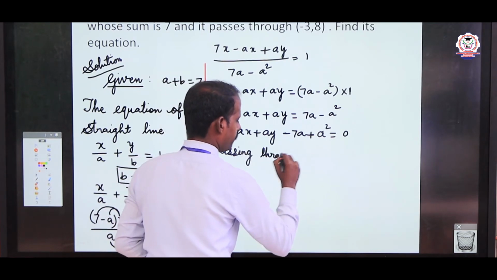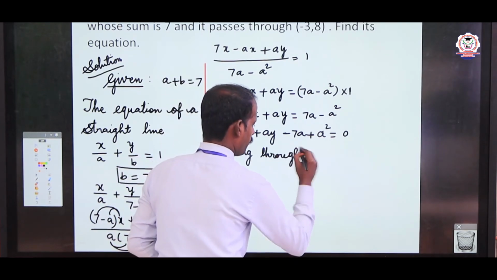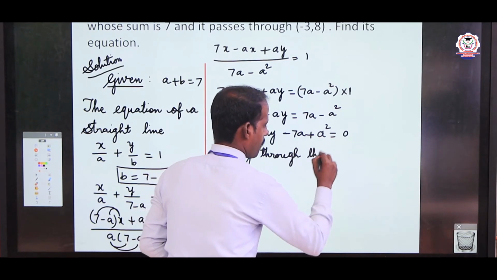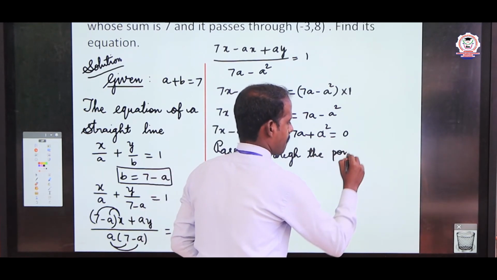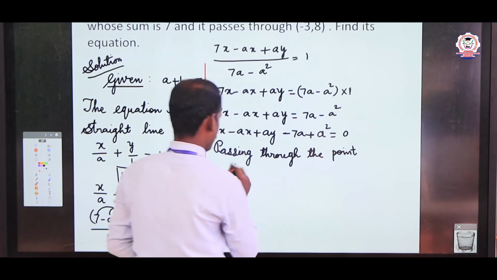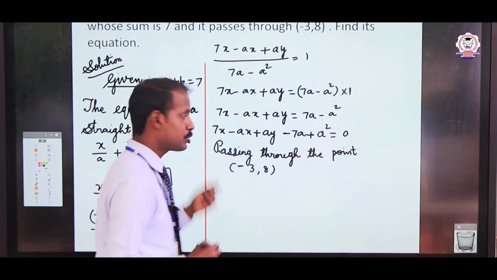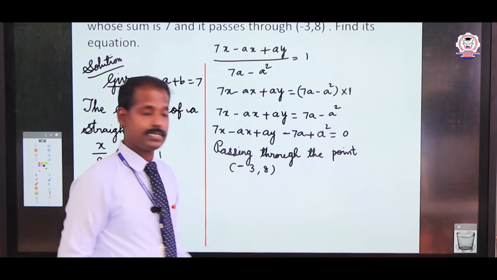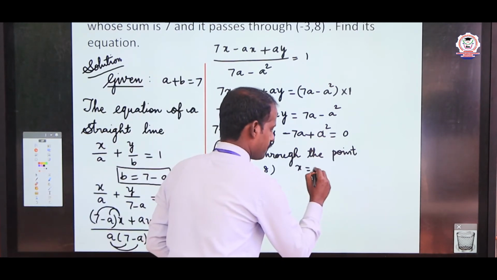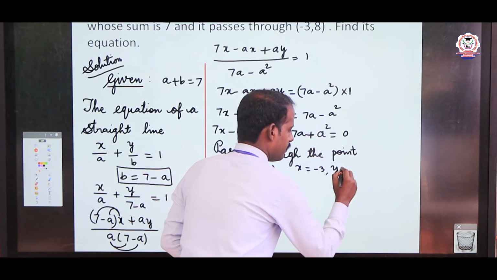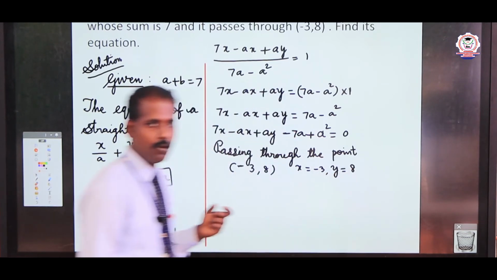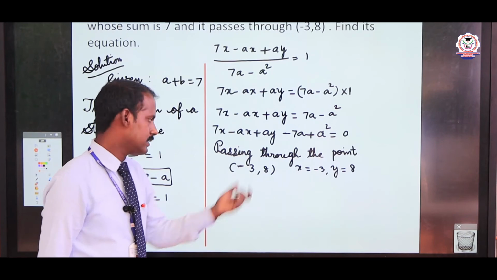Passing through the point minus 3 comma 8. Here the x value is minus 3 and the y value is 8, because for a point x comma y, the first value is x and the second value is y.